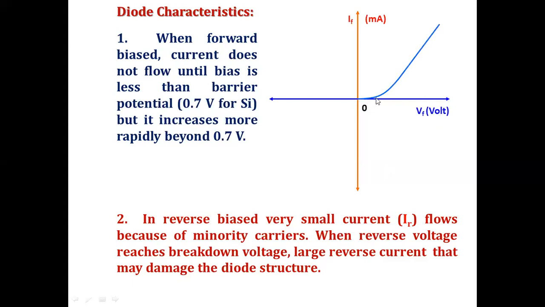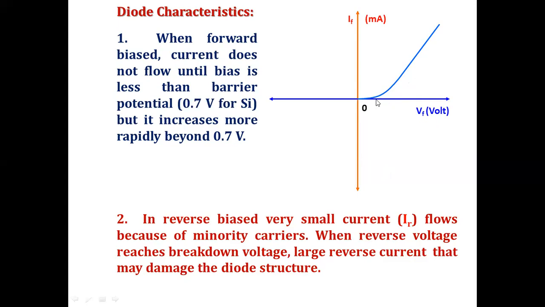Forward current here: suddenly the current will increase, though not to the maximum at once. As we increase the voltage, the current will also increase after conduction. So for the initial condition, up to here, is there any conduction current? The voltage increased from 0 to here, but the current is not increased.